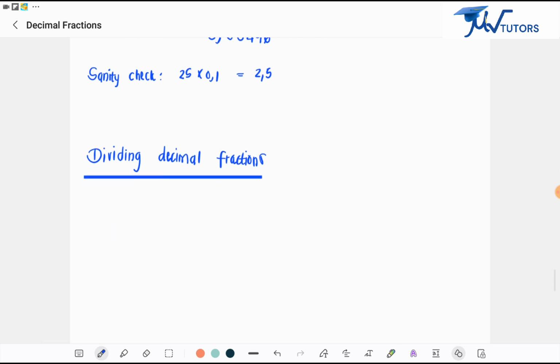Okay, so how are we going to divide decimal fractions? Let's start now with example number 8. Let's say you have 12,3 and we are dividing by 0,3. How are we going to do that? Okay, so firstly, I think when it comes to dividing decimal fractions, it is advisable to go over to common fractions.